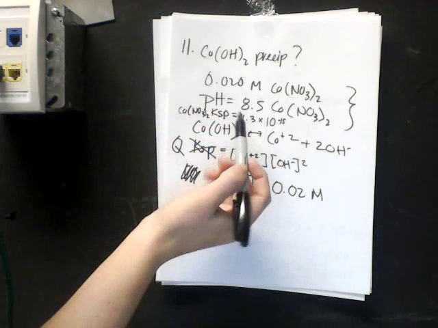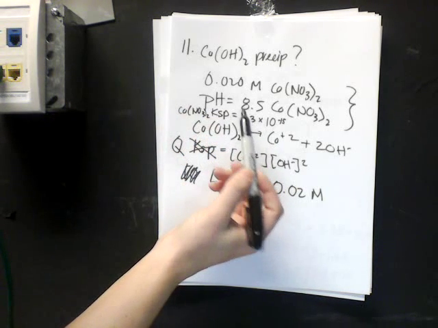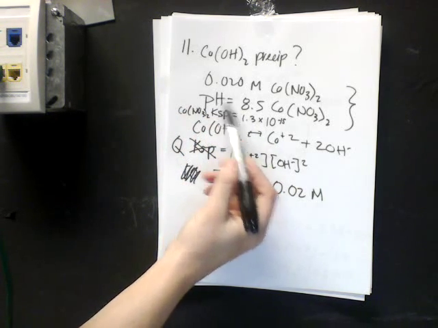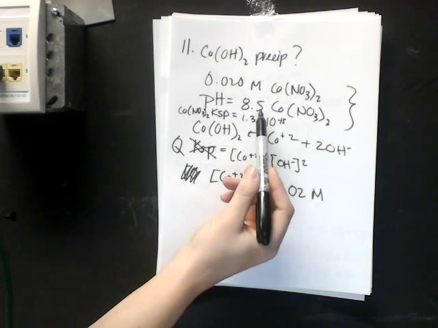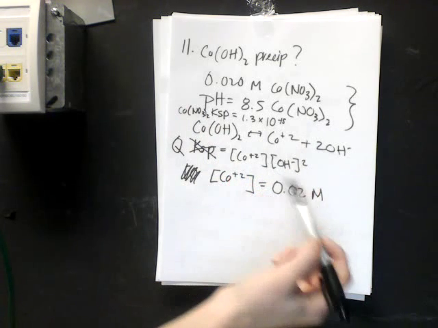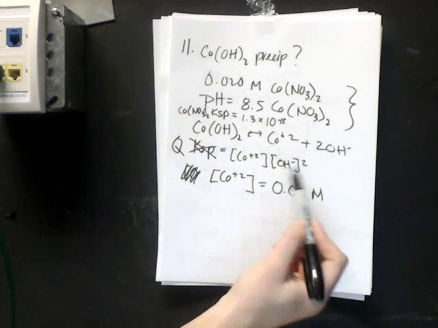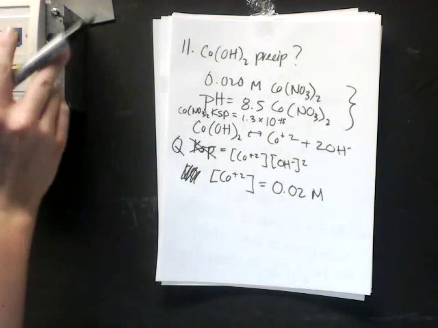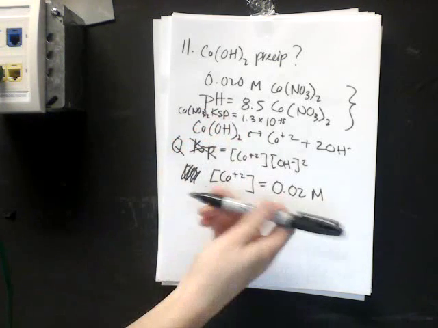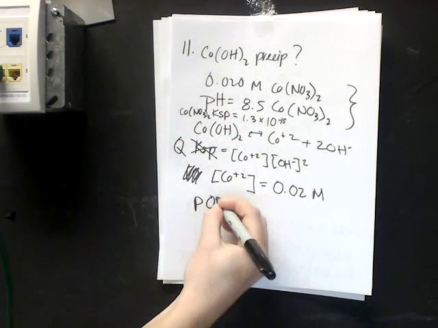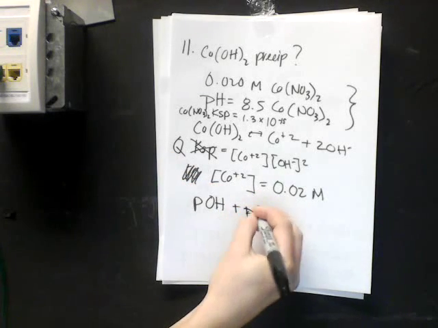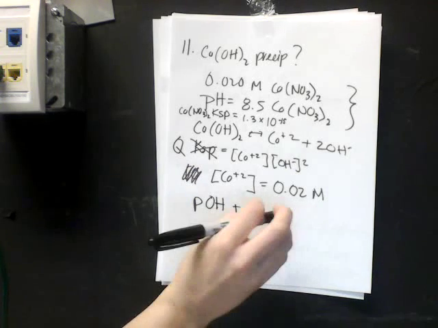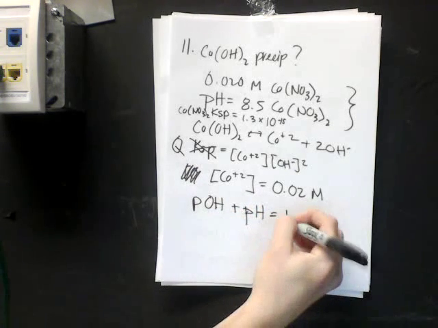Then we can take the pH that is adjusted, so hopefully you guys can see all of this, okay. It says in the problem the pH is adjusted to 8.5, right. How do I find the concentration of this OH? I find the pOH. pOH plus pH, or pH plus pOH, however you want to write it, should equal 14.